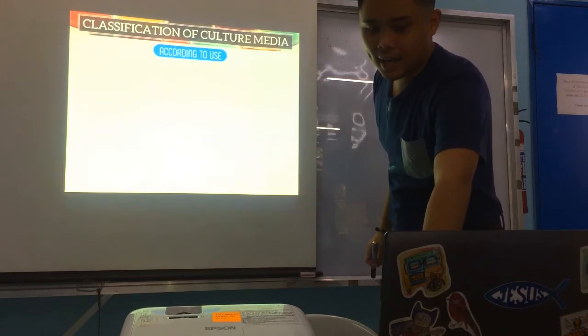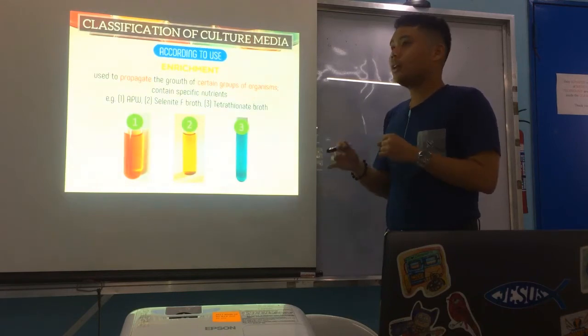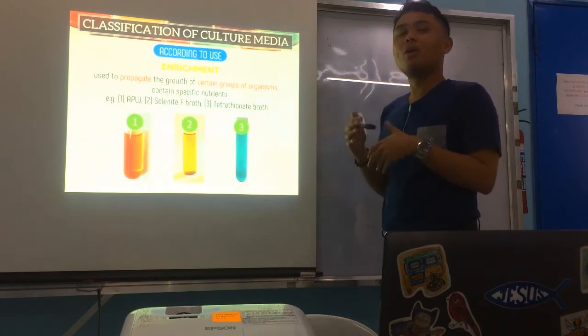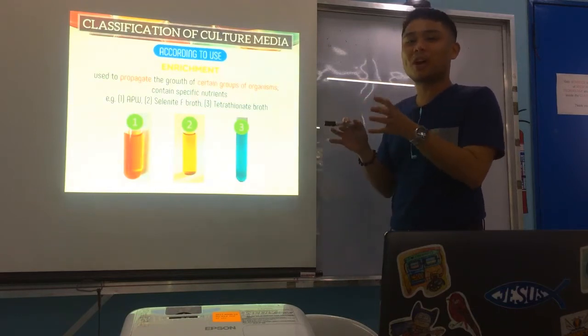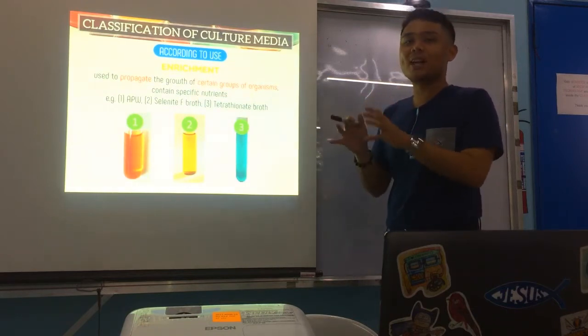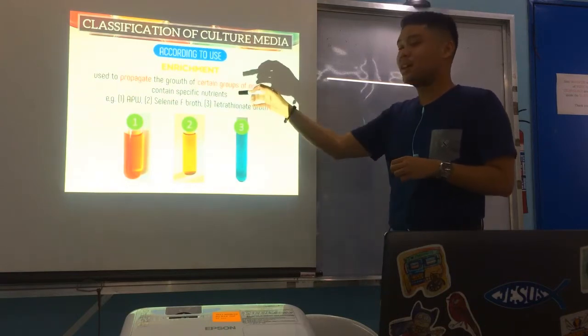Okay? Alright. And next, you have your enrichment. When we say enrichment, by the name itself, you want to increase the numbers. You want to let a specific organism proliferate before you culture it. Okay? And a very good example is APW.